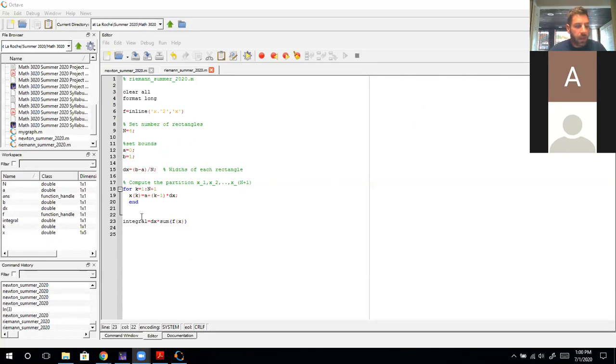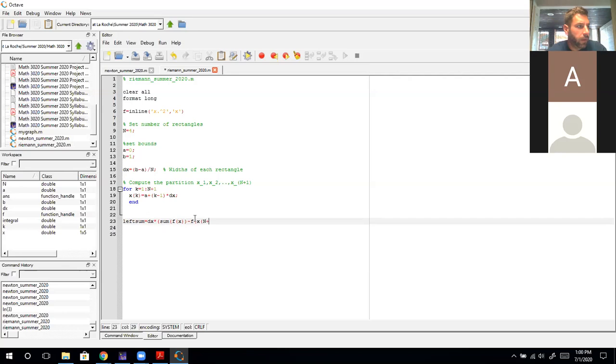So for the left sum, the left sum means we're not going to use the right endpoint. That means before we calculate this sum, we need to subtract off the very last piece. So how do we subtract off the last piece? Well, that is f evaluated at x of n plus 1.